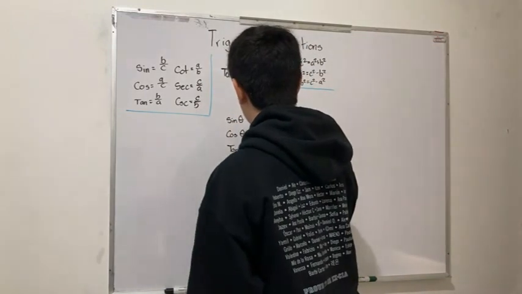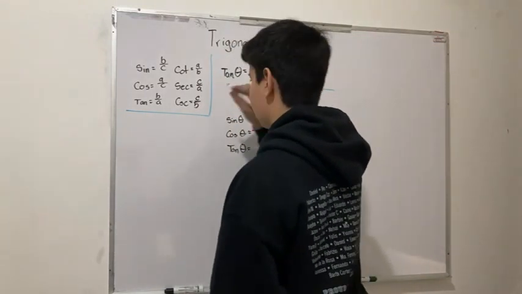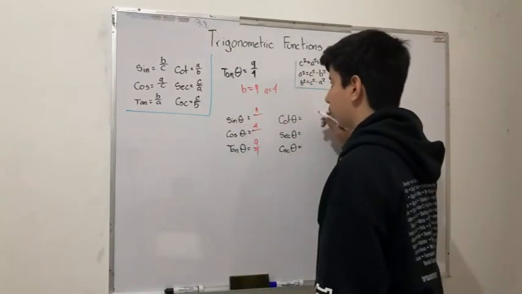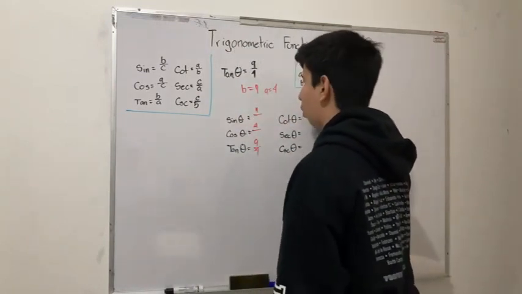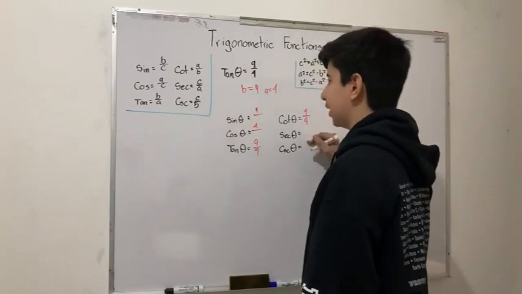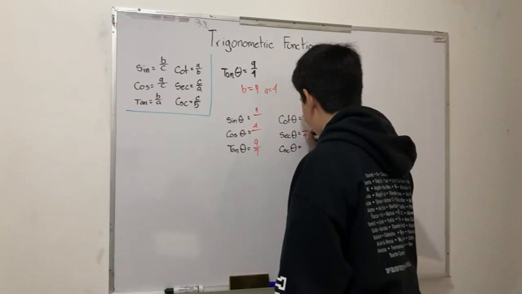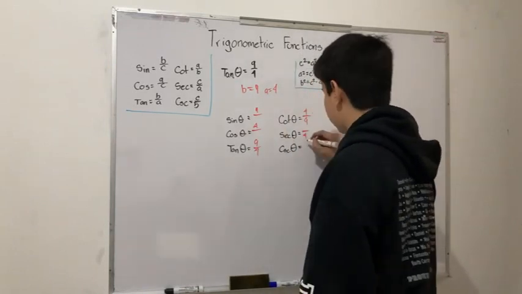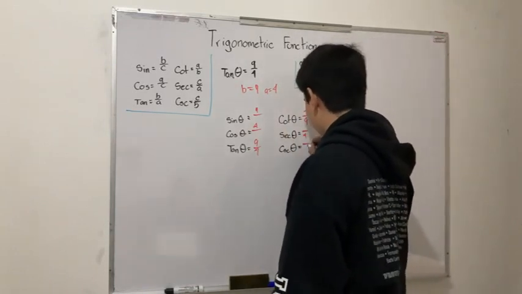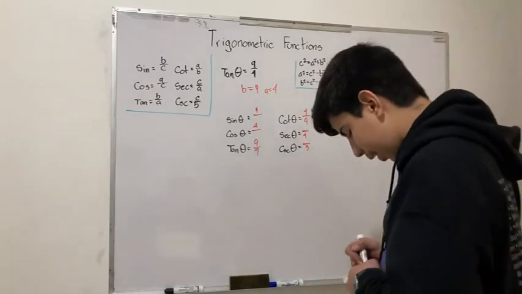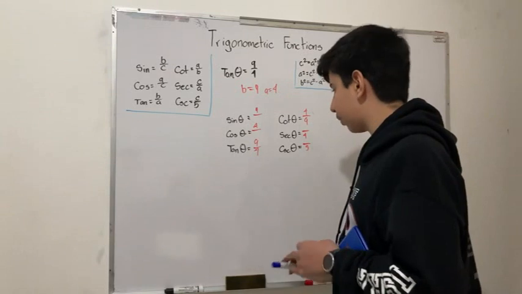Cos will be 4 over something, we don't know what. Tan is b over a, which will be 9 over 4. Cot will be 4 over 9. Sec will be something divided by 4. And csc will be something divided by 9. Now we're missing c, and that's why we cannot yet solve this problem.